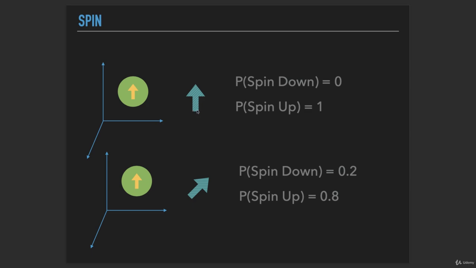So if they are perfectly aligned with each other, then we're going to get spin up 100% of the time. But if we rotate the apparatus so that they are not perfectly aligned, then it will decrease the chance of getting the spin up measurement.